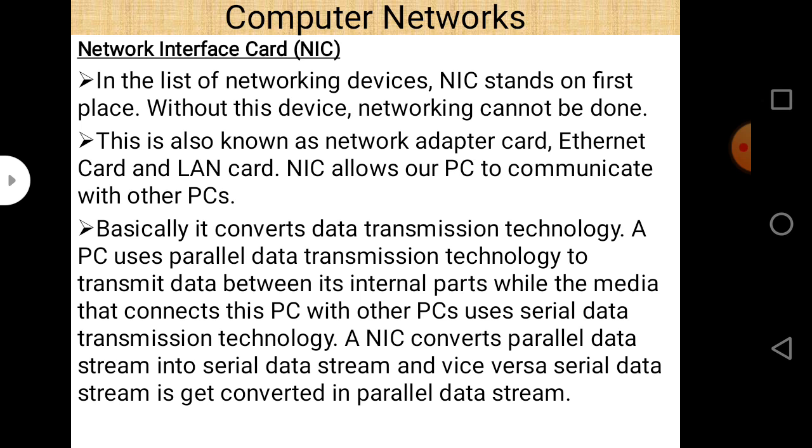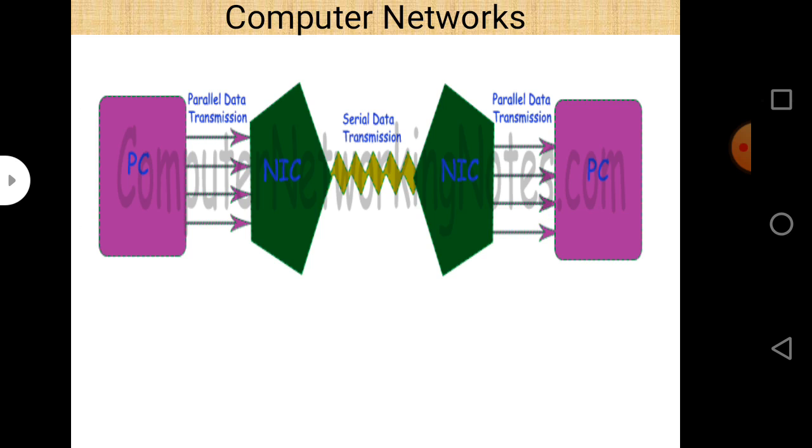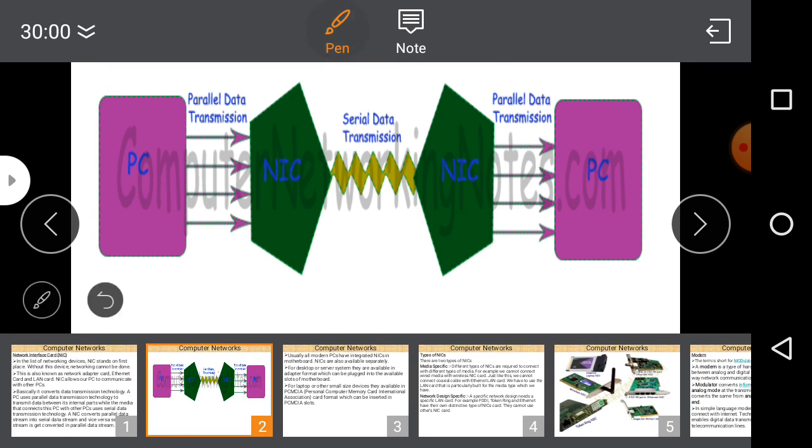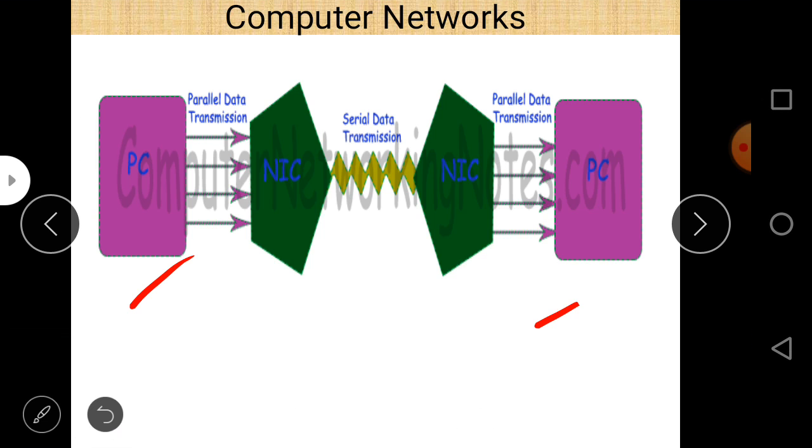Next, this is a diagram of NIC, and we can see that there is a system PC1 and this is PC2. So from PC1 to PC2 there is a data transmission here, and within the computer system there is data transmission from one device to another device.